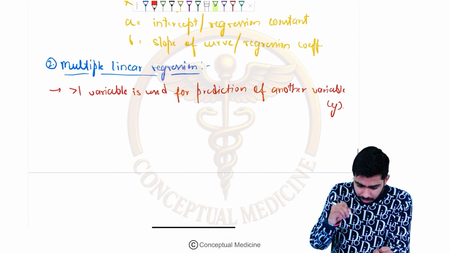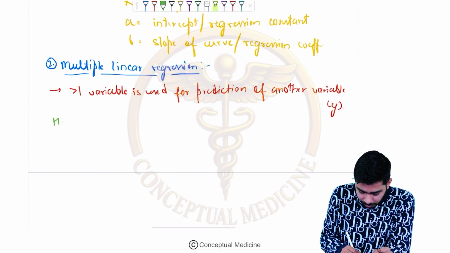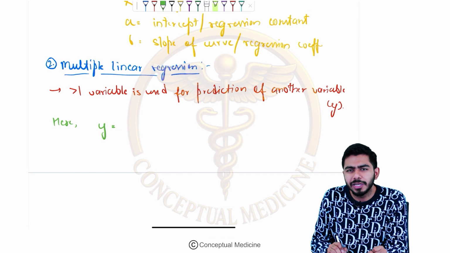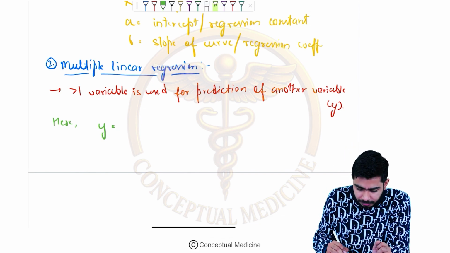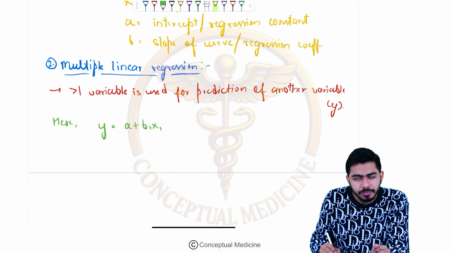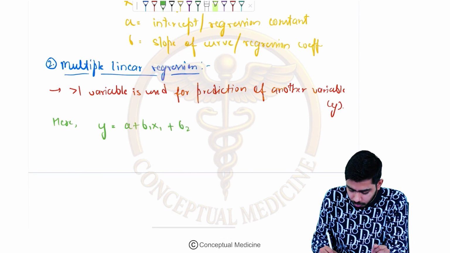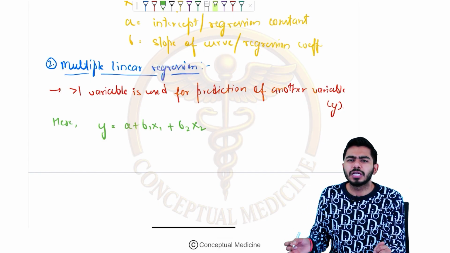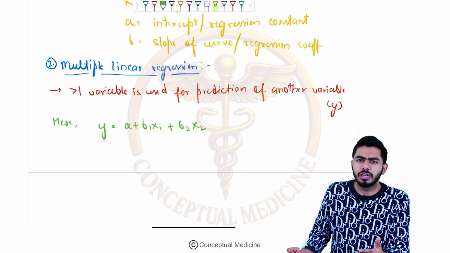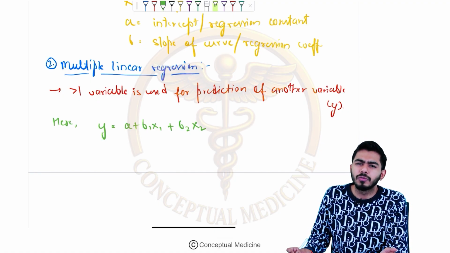For example, this can be calculated by the formula, y equals, I told you for the simple one, a plus bx. Here I am writing a plus b1 x1 plus b2 x2. It depends on how many variables I am using. a and b are just constants: one is the regression constant, and another one is the regression coefficient, right?